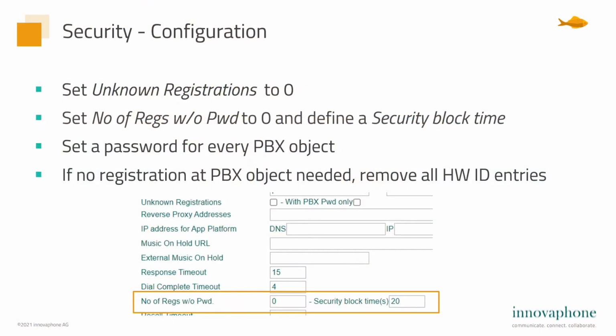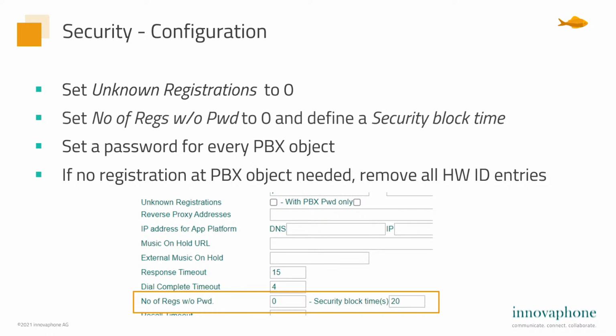Yes, set unknown registrations to 0. That's an important topic. It's the default for version 13 installations, but we often see in previous software versions that the unknown registration is set to a number even higher than 1. And I don't know why people do that, because when you set it to 1, you allow one registration without a password to one object.